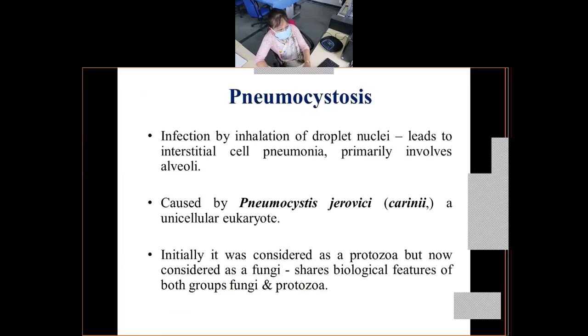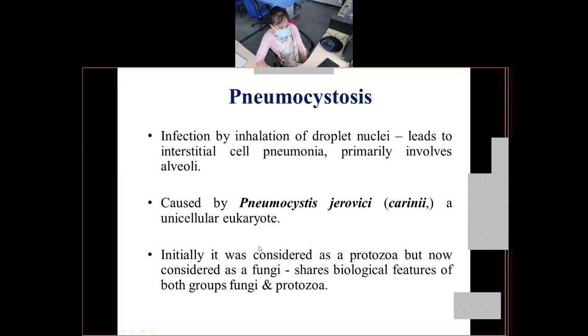Okay. Now pneumocystosis. This was initially considered to be a protozoa, but now it has been considered as a fungus, though it has some features which belong to both sides, both fungi and protozoa, but now we consider it as a fungus.